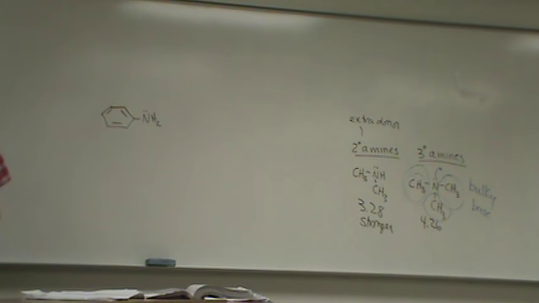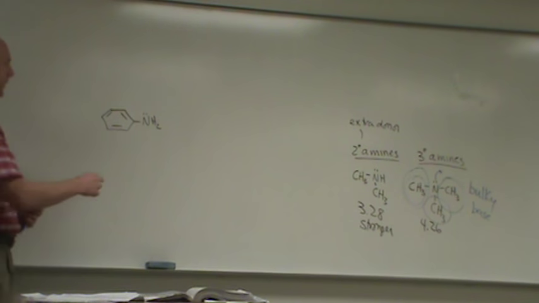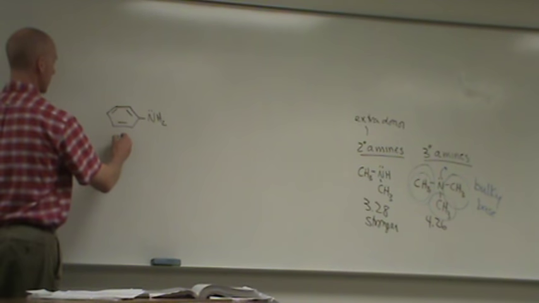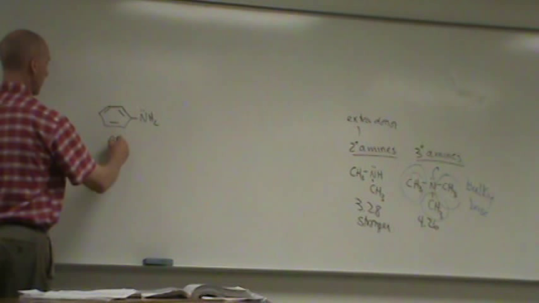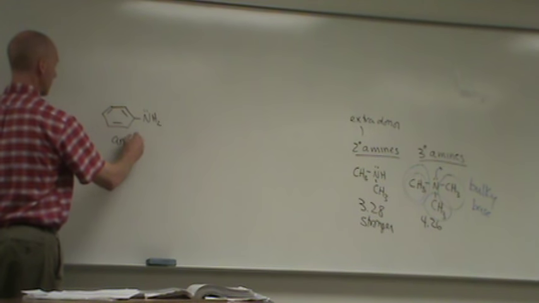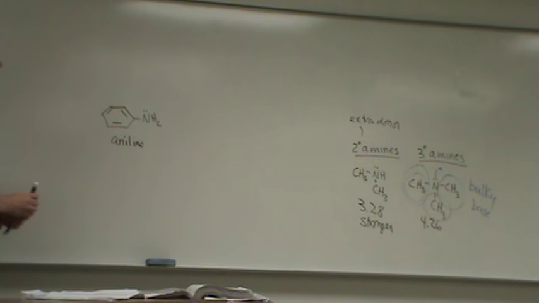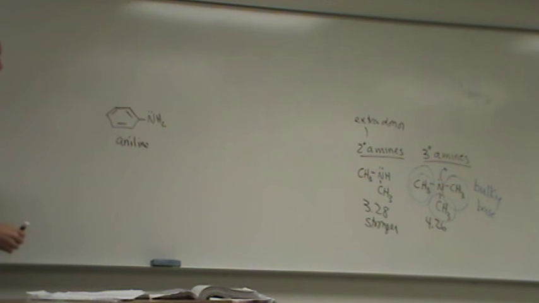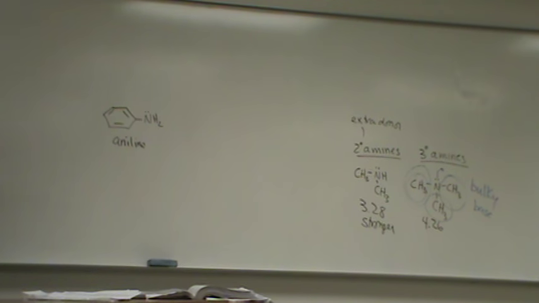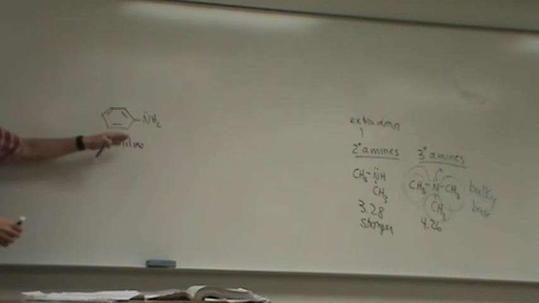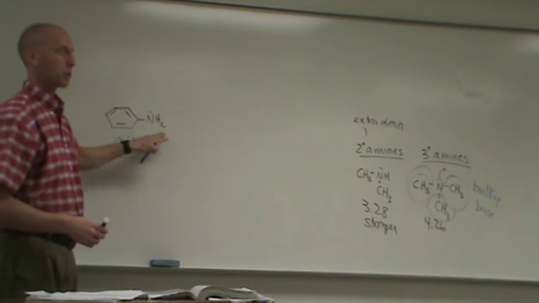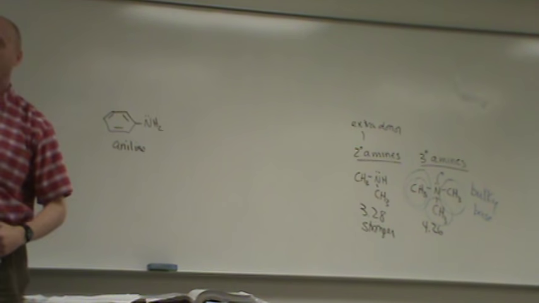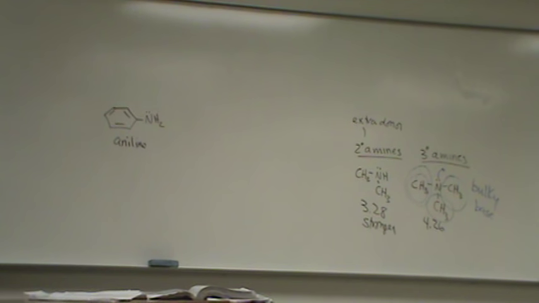No, pyridine had the nitrogen in the ring. This is aniline. So aniline is an amine, nitrogen with a carbon on it. What would you predict the basicity of aniline to be compared with these other amines we looked at? Do you think it might be stronger or weaker than what we just looked at?